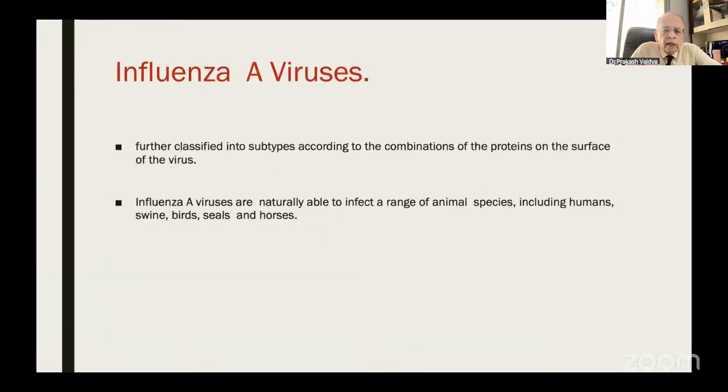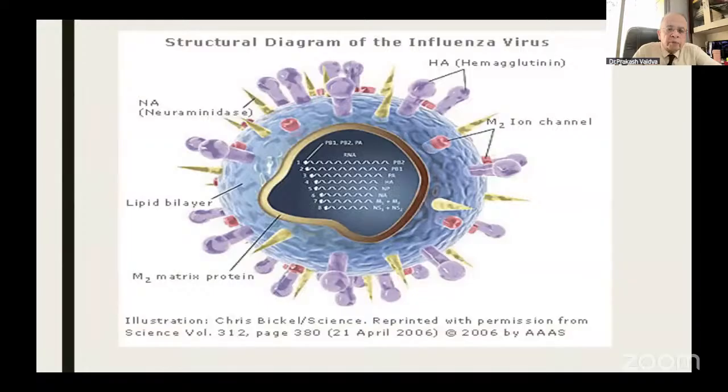Now type A is further classified into subtypes, and that depends on the proteins on the surface of the virus. So there are 2 important proteins on the surface of the virus, the HA, hemagglutinin, and the NA, that is neuraminidase. So depending on the type of HA and NA, the virus is subclassified.